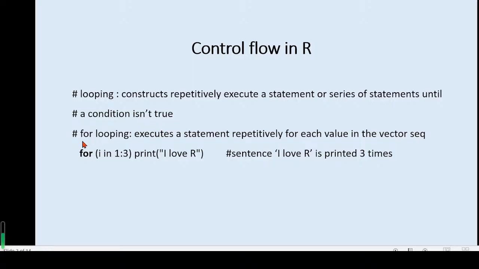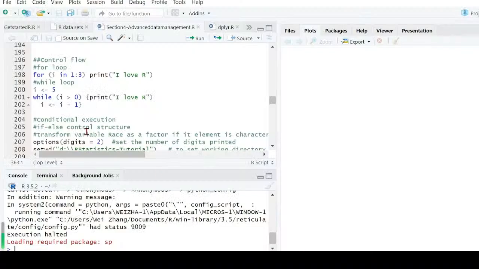So we can write a for loop. It will execute a statement repetitively for each value in the vector sequence. For example, a for loop for i in 1, 2, 3 will print I love R. So the sentence I love R will be printed 3 times.